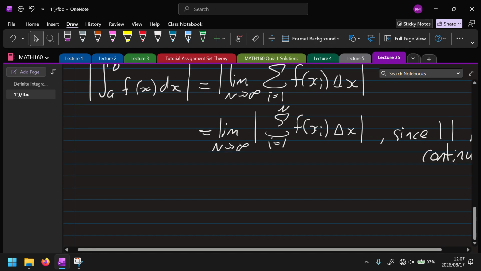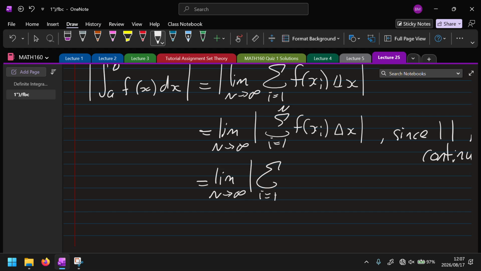If we take it outside the absolute value, nothing happens. It's positive. So this is going to be equal to the limit n goes to infinity, the sum i equals 1 to n, f of xi, delta x. If delta x was not positive, or we didn't know what it was, then we would need absolute values on it as well. But we know it's positive, so the absolute values do nothing.